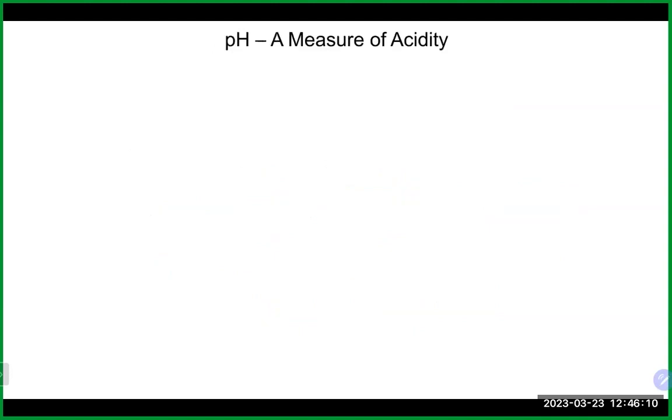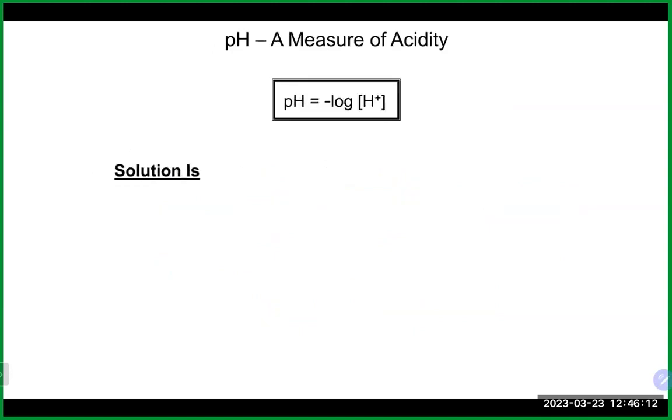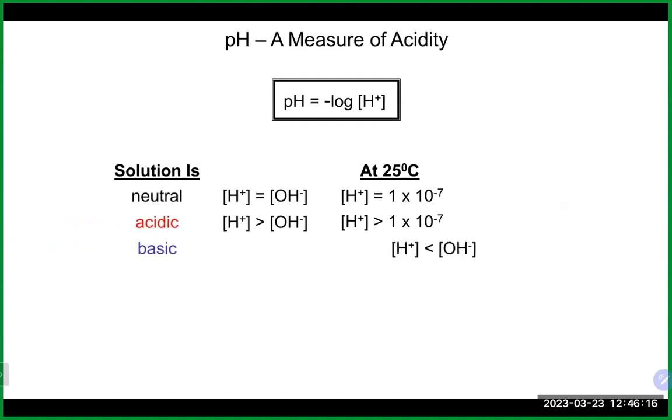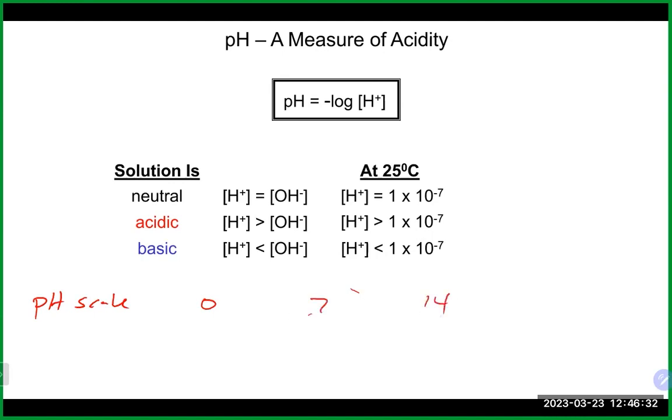So the next thing we're talking about is the pH of a solution. A way that we measure if a solution is acidic or basic is to use the pH scale. The pH scale does run from 0 to 7 to 14. Below 7 is acidic.